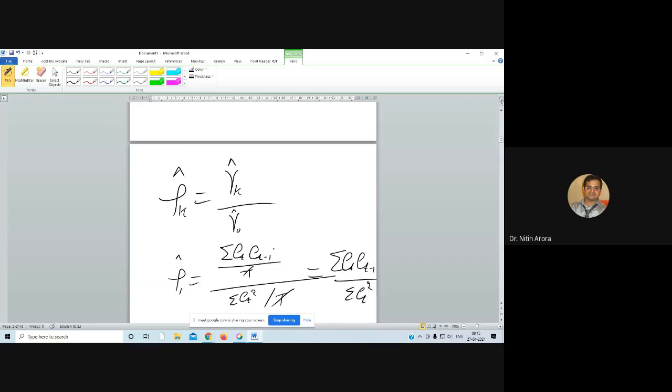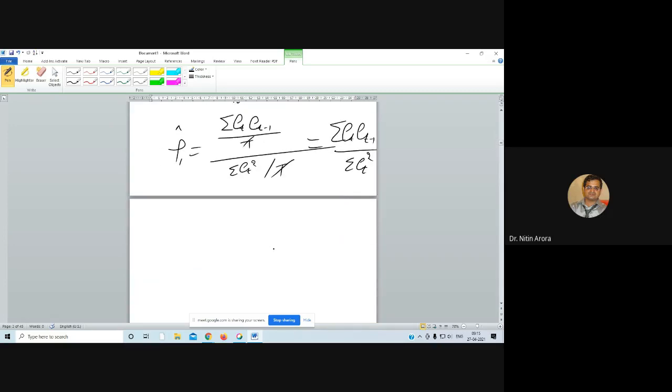This is my autocorrelation coefficient with lag 1. With lag 2, if I have to compute, I can write gamma 2 cap upon gamma naught cap. This would be summation et et minus 2 upon summation et square, because T and T will be cancelled out. If you want, I can put T here and it would be cancelled out. This is rho 2 cap.